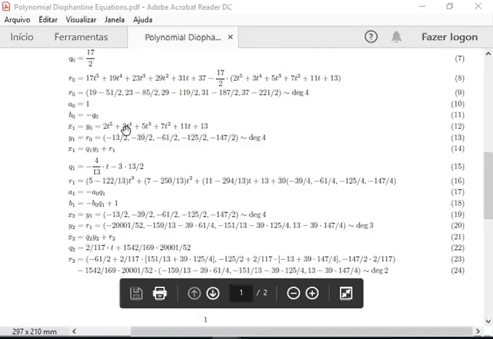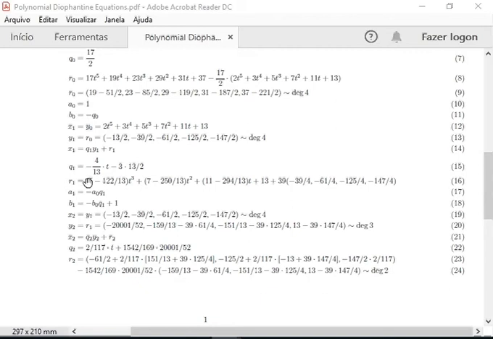Q1. Who is the quotient? Divide 2 by 13 over 2 is 4 over 13 with minus sign plus t. Who is r1? It is x1 minus 4 over 13 times t times y1.